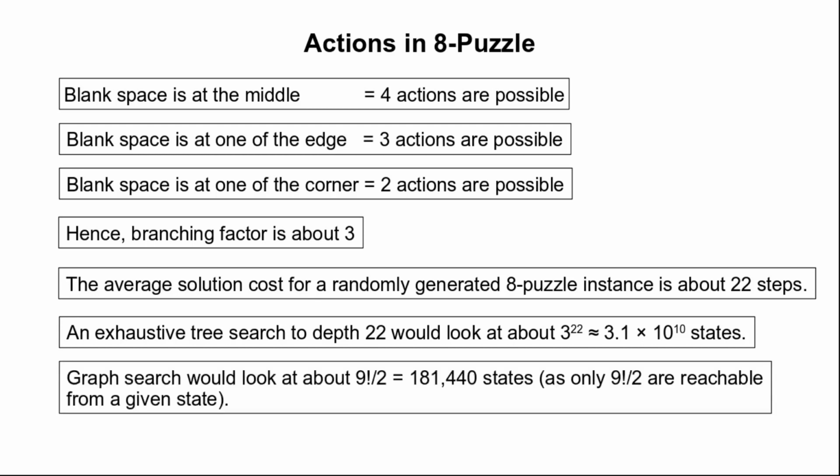Now graph search would look at about 9 factorial divided by 2, that's 181,440.